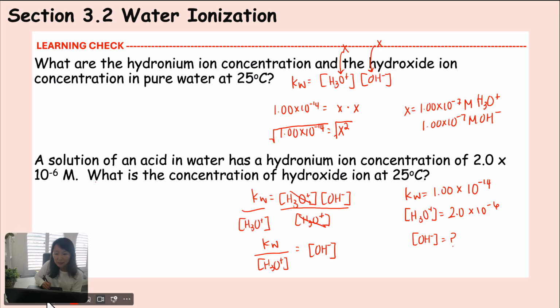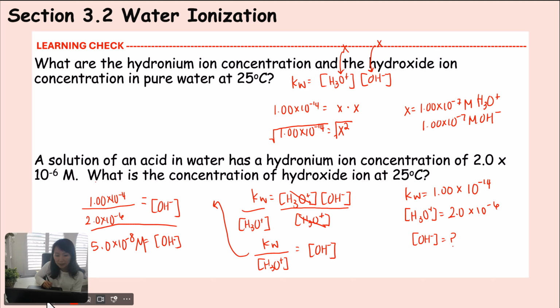Kw is 1.00 times 10 to the negative 14 over 2.0 times 10 to the negative 6. That would give me the concentration of OH minus. If you were to plug this into the calculator, you would get 5.0 times 10 to the negative 8 as the hydroxide concentration in molarity. So that's your final answer.